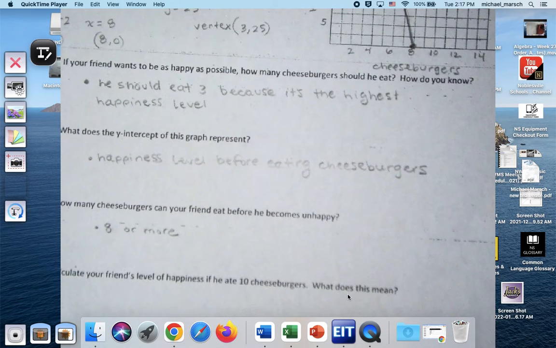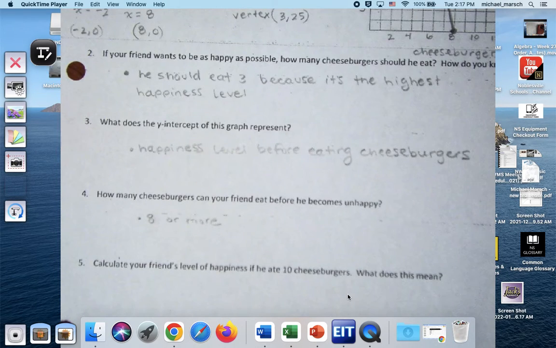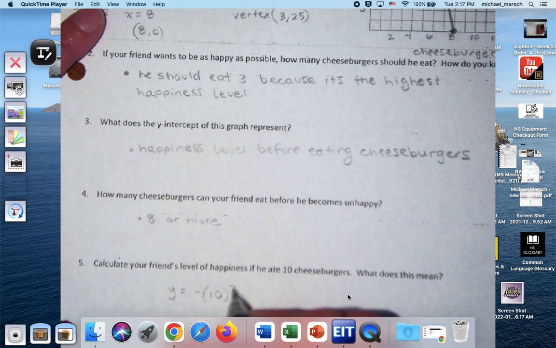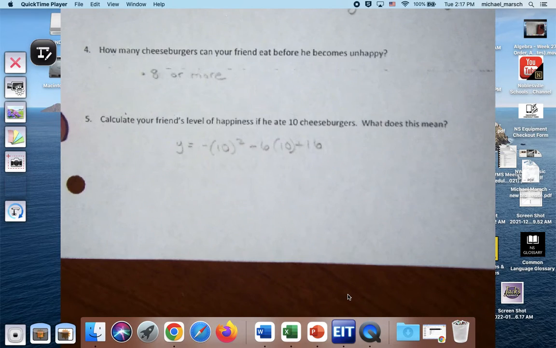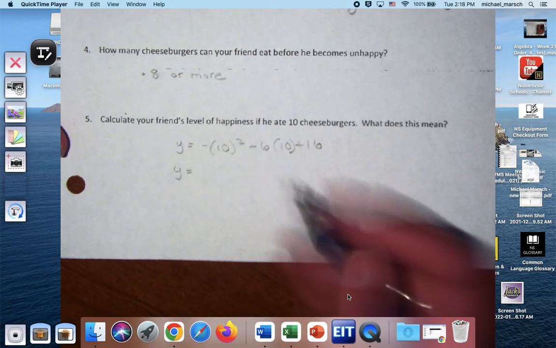Okay. What if he ate 10 cheeseburgers? He'd be super unhappy. Well, let's put 10 into the formula. So y equals opposite of 10 squared plus 6 times 10 plus 16. So we're going to find out exactly how unhappy he is. Is that plus 16? Yeah. Okay. Yep.